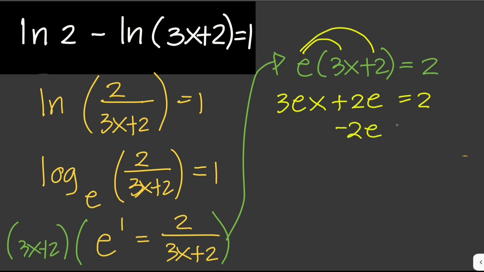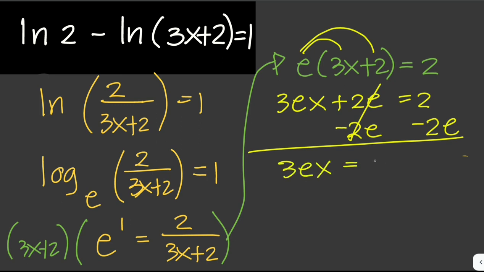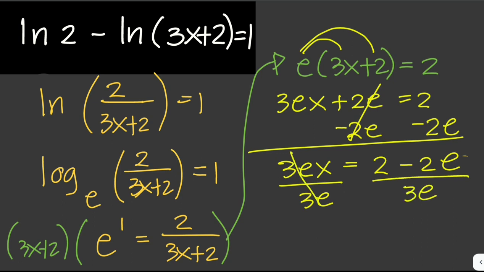Then we subtract 2e from both sides. Then we have 3ex equals 2 minus 2e. Then we divide both sides by 3e. So x would just be equal to 2 minus 2e over 3e.